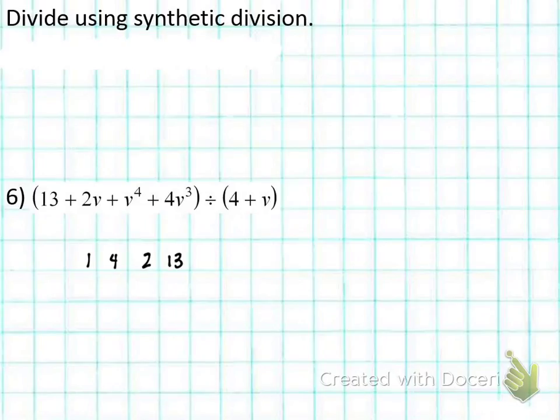And then we have -4 here, right? 1, -4, 0, 0, 2, -8, 5.